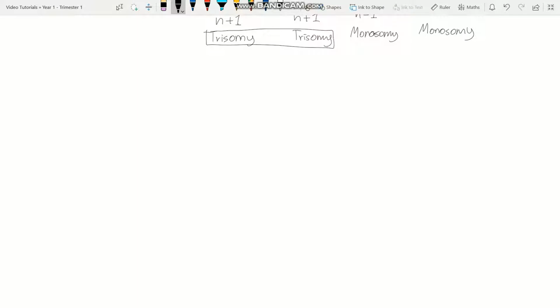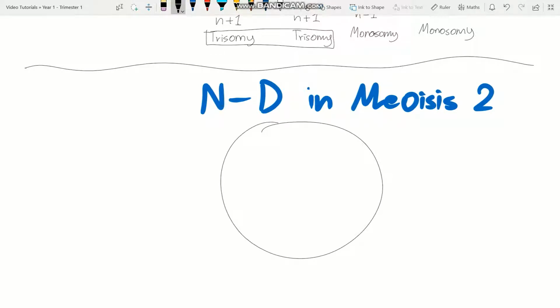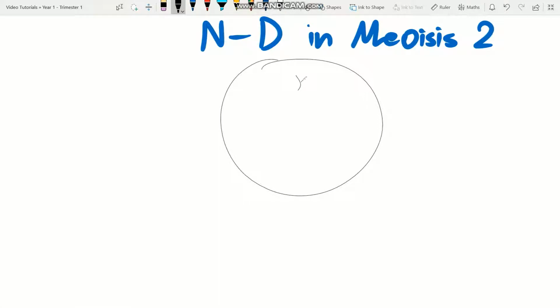Now, in terms of non-disjunction in meiosis II, overall, the process is quite similar. So what happens in this stage is that originally we have this parent cell with its chromosomes aligned along the metaphase plate, 2 centriole pairs with their microtubules attached.